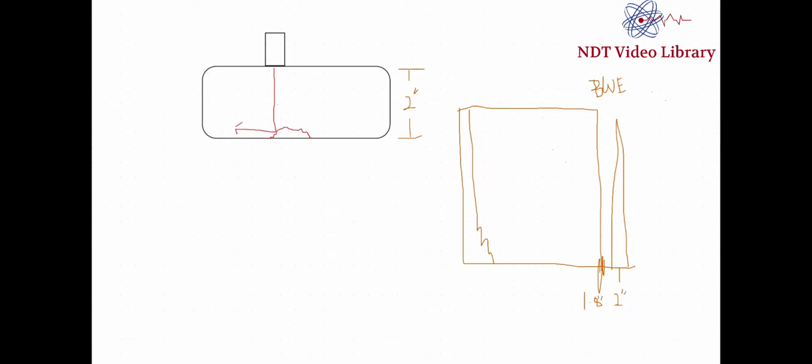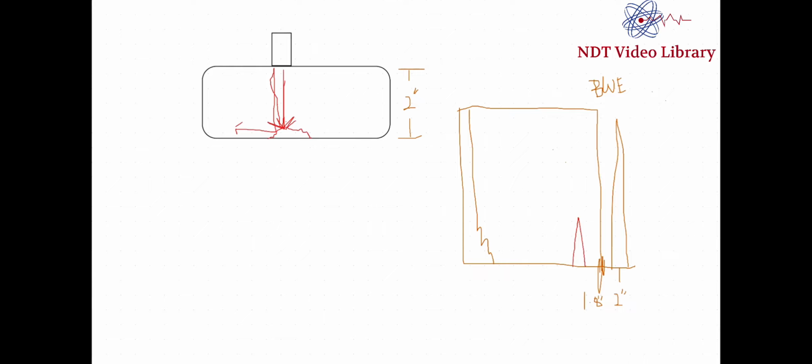Now, when you move the transducer over here, you are going to get some of the sound back. Even if it bounces in all different directions, you have this faint sound coming back. Some of the sound is coming back. So you might see a 20% signal instead of an 80%.